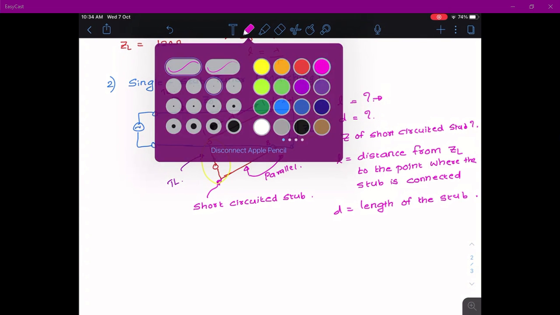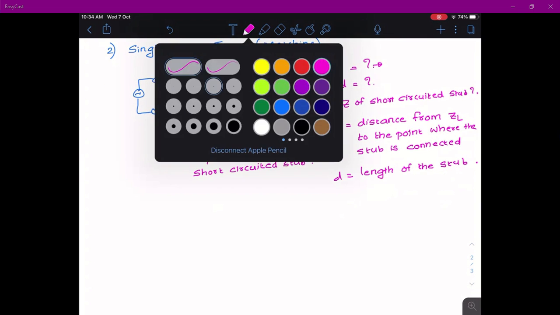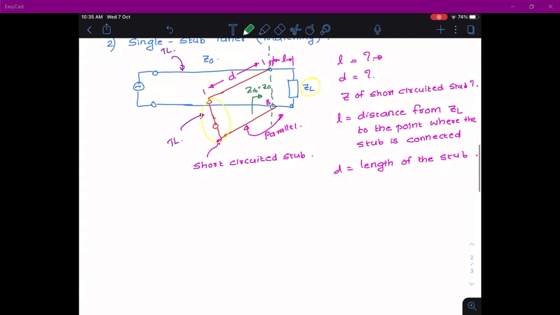So you have two loads connected in parallel to a transmission line, so that if you look from here at this point, the input impedance Z in is equal to Z0. So this is the concept of the short circuited stub. Now let's look deeper and see how we can make that happen, in which the input impedance, if you look from A to B, is equal to Z0.